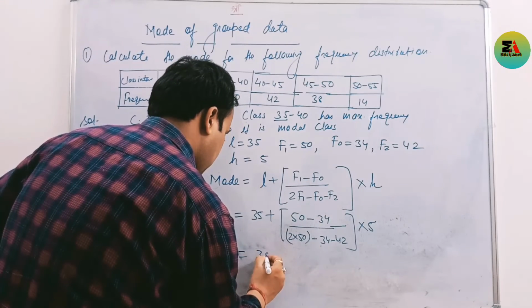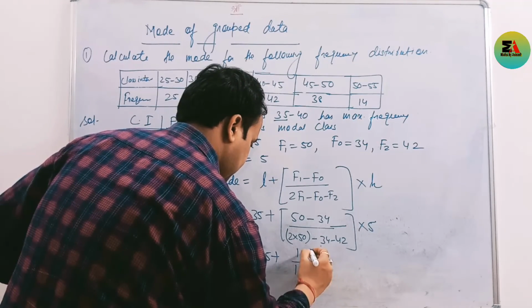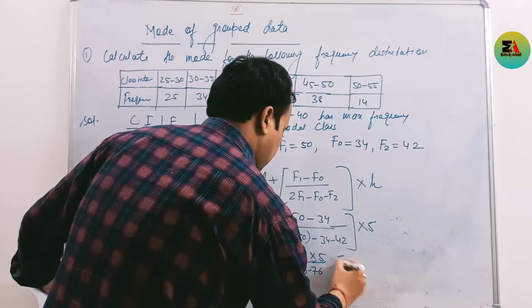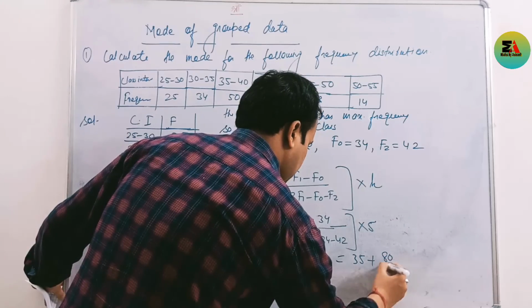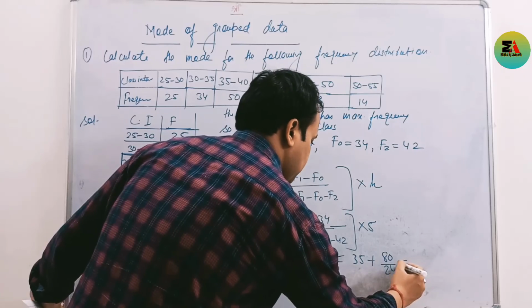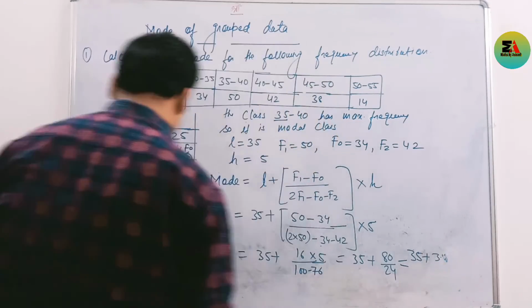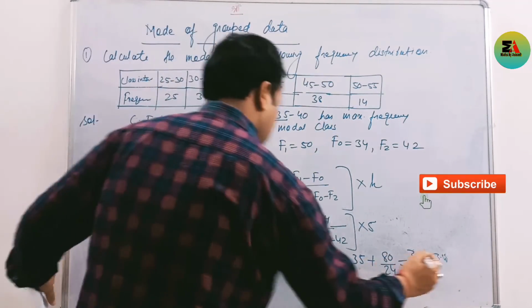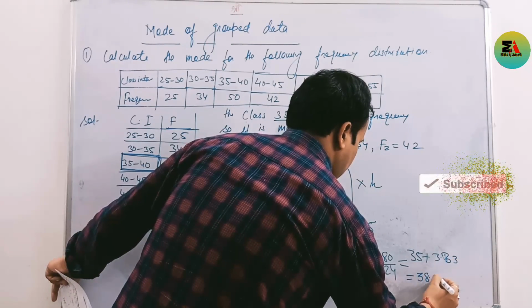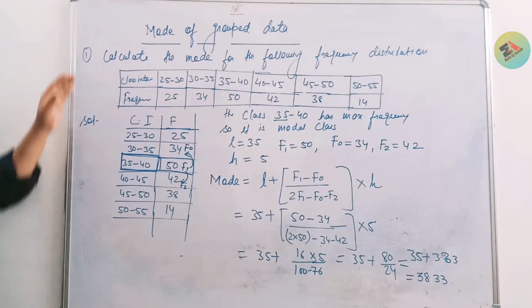Now solve this one. The numerator becomes 16, and the denominator becomes 100 minus 76, so it is 16 into 5. Now this becomes 35 plus 80 by 24. If you divide it, you get 3.33. Add it to 35 and you get 38.33. This is the value of the mode. I hope this one is clear to you.